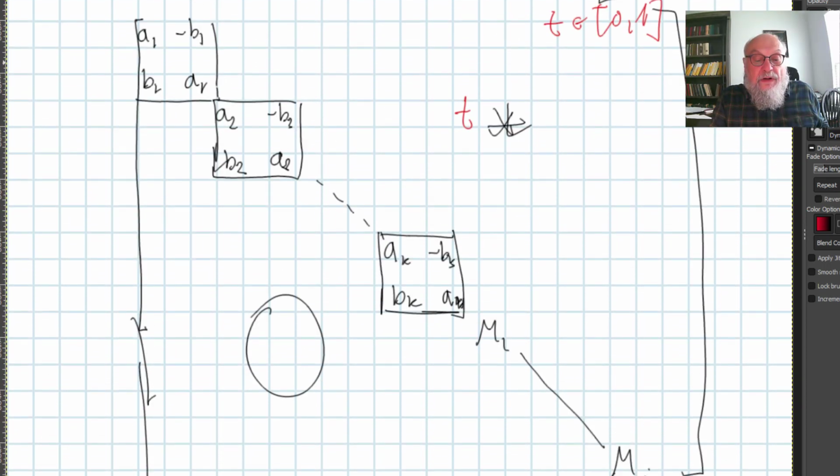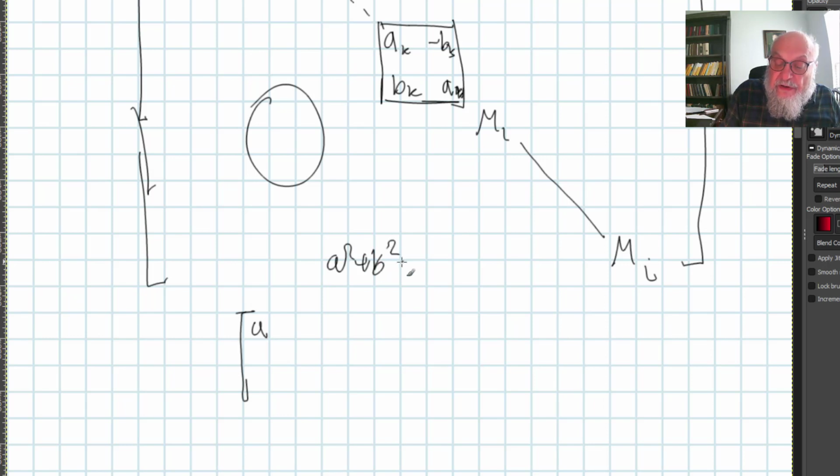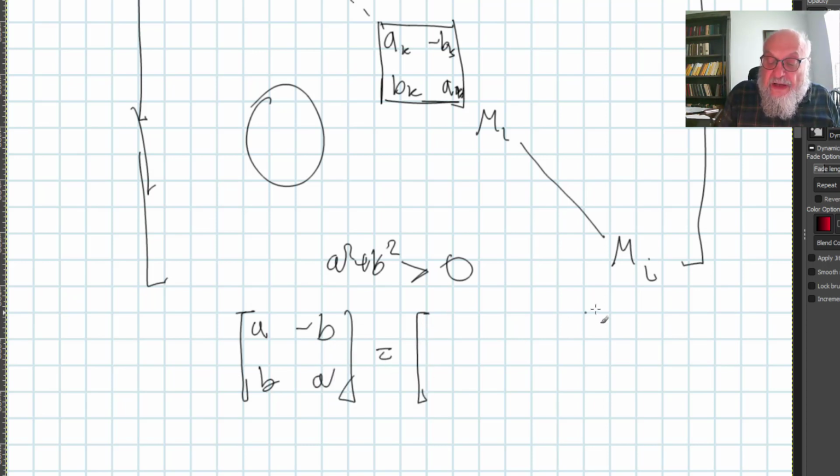matrix of this form, because A squared plus B squared is larger than 0, the matrix A, minus B, B, A can be written using this one. So here we have R cosine of a certain alpha. Namely, write it down, A plus iB is equal to R e to the i alpha.